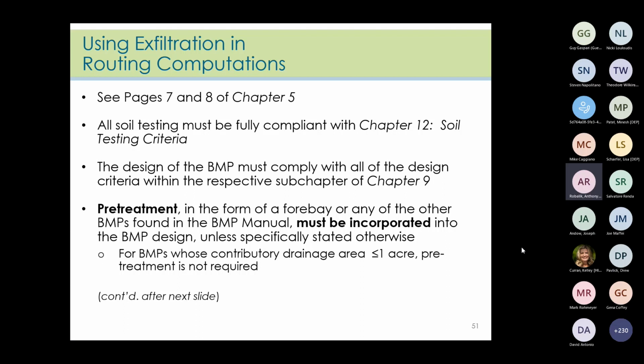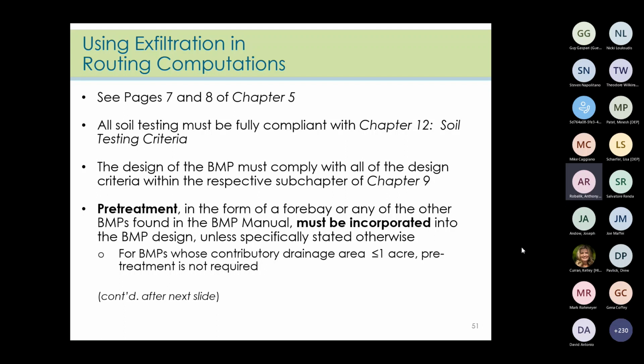So here are the first requirements for using exfiltration in routing calculations as listed on pages 7 and 8 of chapter 5. Exfiltration is only allowed for certain small-scale GI BMPs that infiltrate runoff. All soil testing must follow Chapter 12 requirements, which will be further discussed in the next presentation.